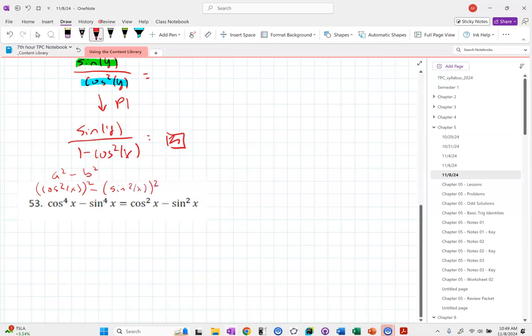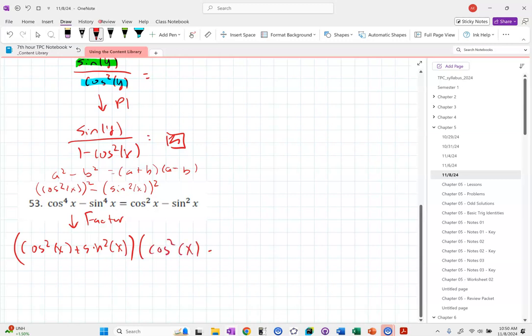My a is cosine squared, and my b is sine squared. So I'm just going to factor and write this as cosine squared plus sine squared times cosine squared minus sine squared.